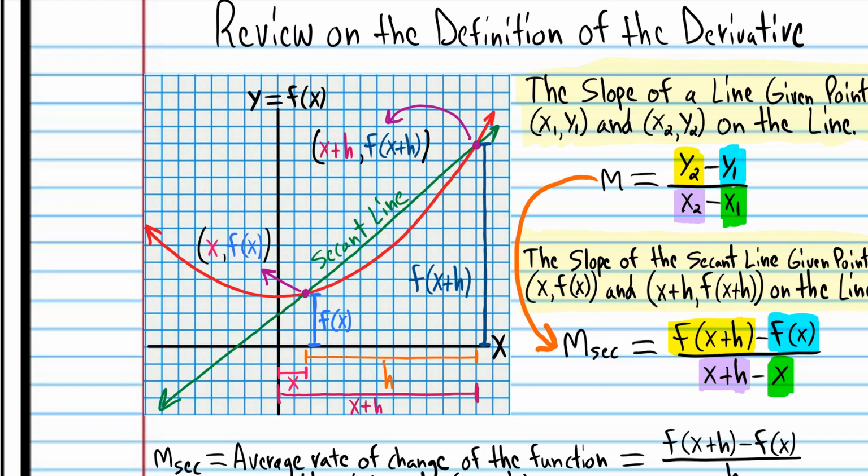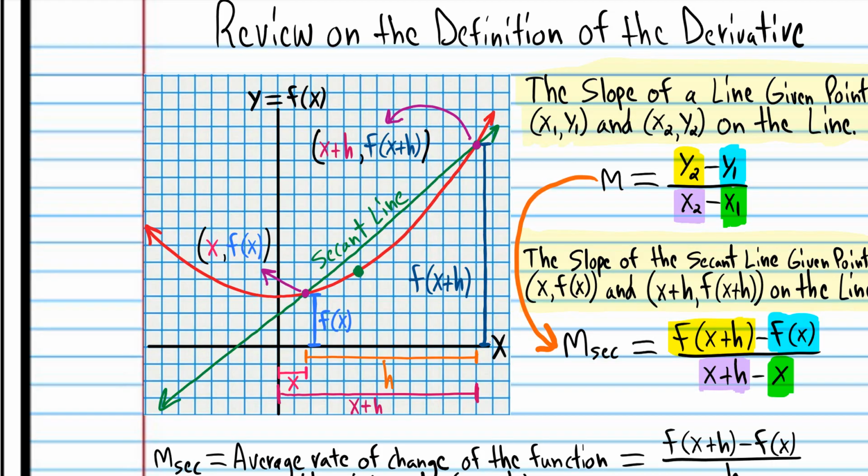Its slope is going to change as the point gets closer and closer to the purple point.